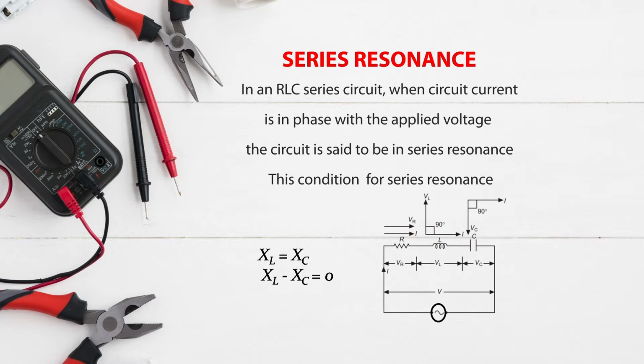Inductive reactance is equal to the capacitive reactance, so the net impedance of the circuit is equal to the resistance of the circuit. That means this circuit will behave like a pure resistive circuit. So the current flowing through this circuit is in phase with the applied voltage. You can say that I and V will be in phase.